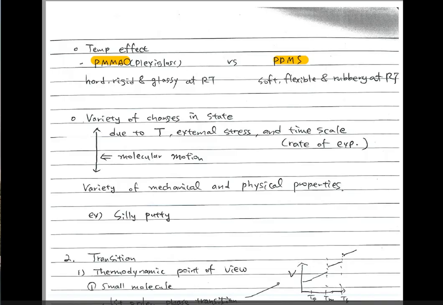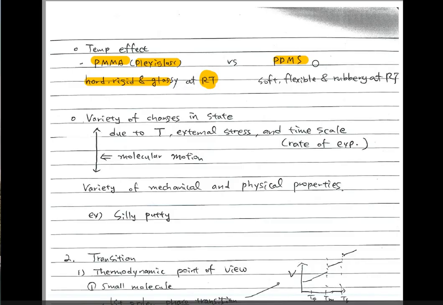As I recall, PMMA's Tg is around 100 degrees C, at least over 80 degrees C. And at room temperature, which is much lower than PMMA's Tg, this PMMA basically exists as a hard or rigid and glassy material. An example of PMMA is plexiglass, very hard plastic.